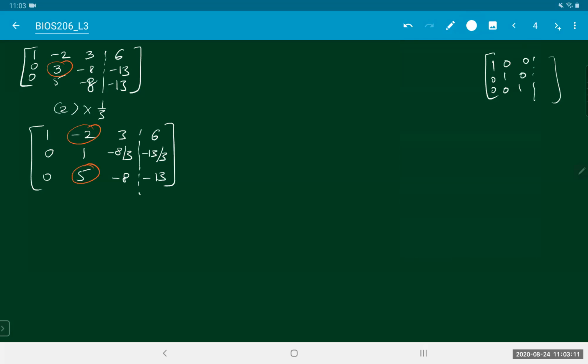Suggestions, anyone? How about if I do first row plus 2 times second row? So my second row doesn't change.